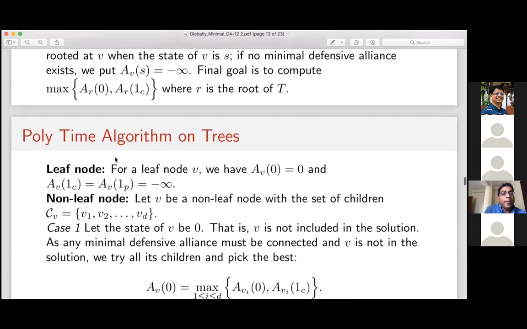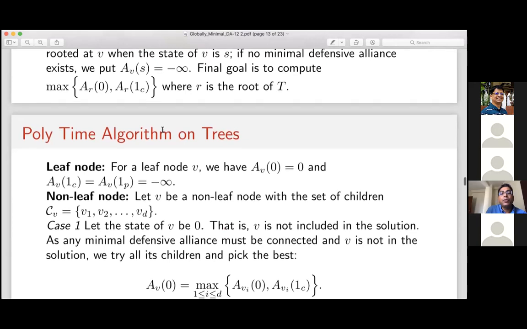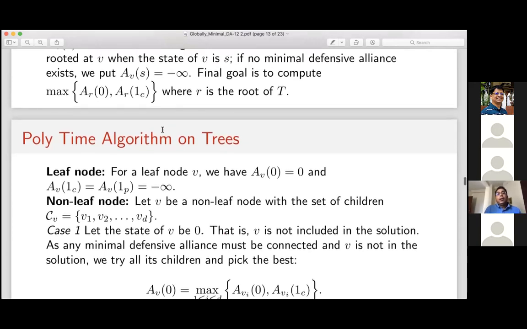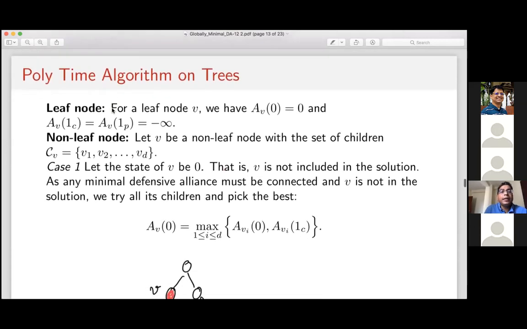So for a leaf node, this is very easy. V is a leaf node, so the tree that we are considering consists of only one vertex. If I don't consider that vertex in my defensive alliance, then the maximum size minimal defensive alliance has size 0, and these 2 are minus infinity, because if there is no minimal defensive alliance with that state, then it is minus infinity.